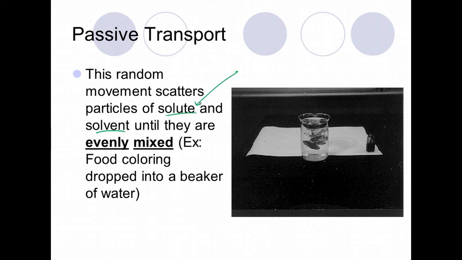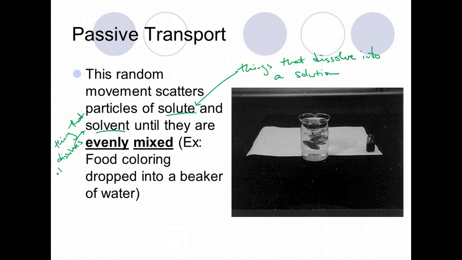Solutes are things that dissolve into a solution, and a solvent is the thing that dissolves the solute. So if we're talking about salt water, the salt is the solute, the water is the solvent, because the water dissolves the salt until they're evenly mixed.